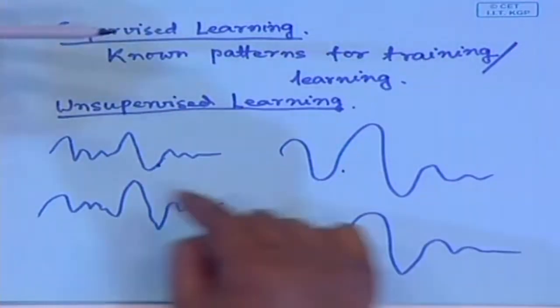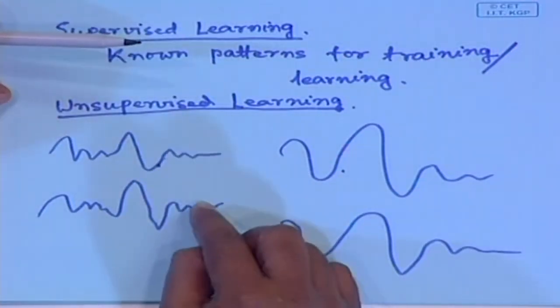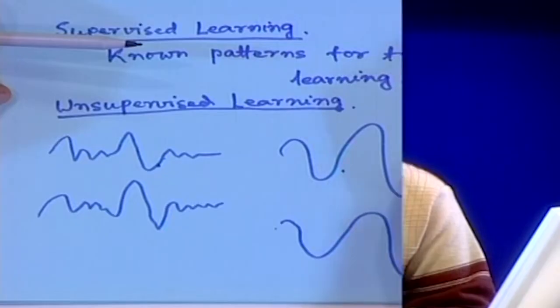The feature vector may be generated from this pattern, it might be generated from this pattern, or this pattern. From wherever it comes, I just have a mixture of feature vectors without having any information of what is the source of that feature vector. In case of supervised learning, I know the source of the feature vector.